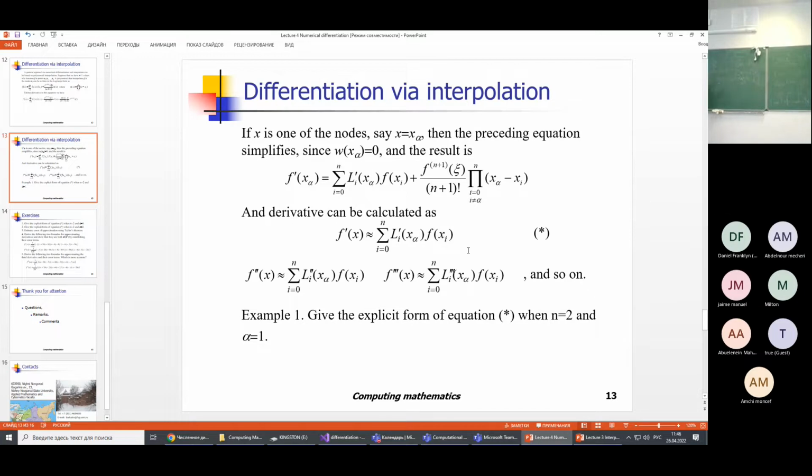And the last term, we have 2, plus 2f2 over 2h squared. The 2 here is cancelled. We have the same denominator. And finally, we have f2 minus 2f1 plus f0 over h squared.